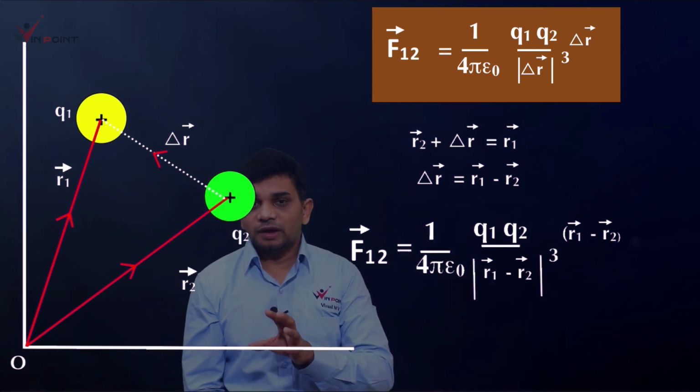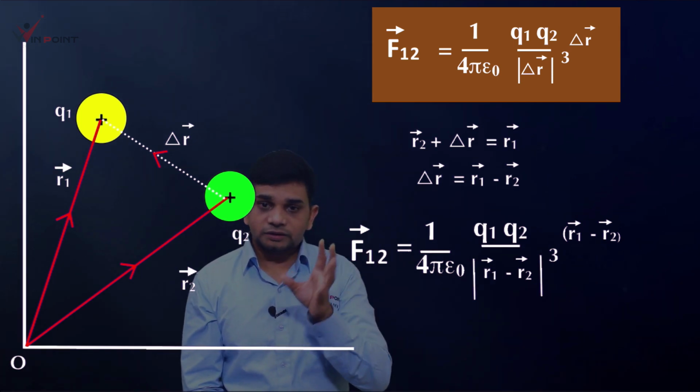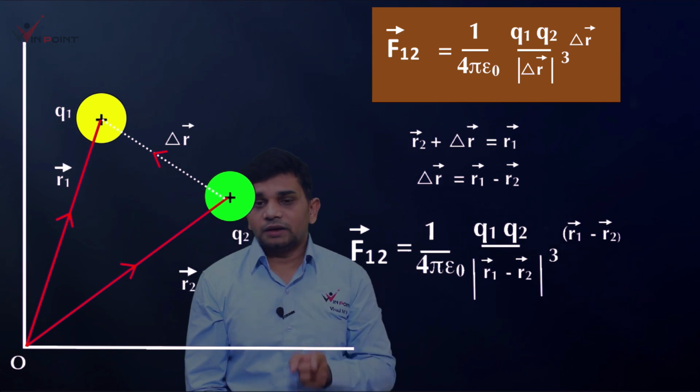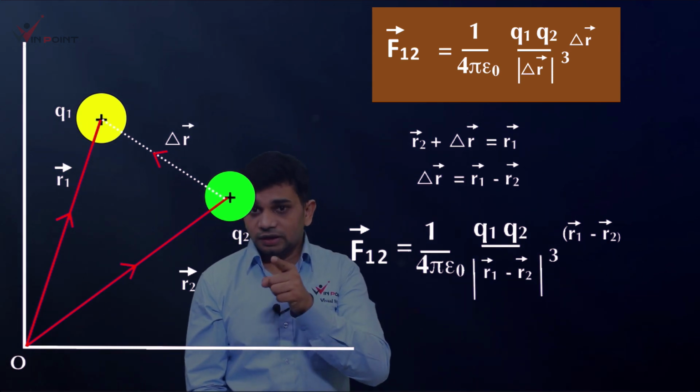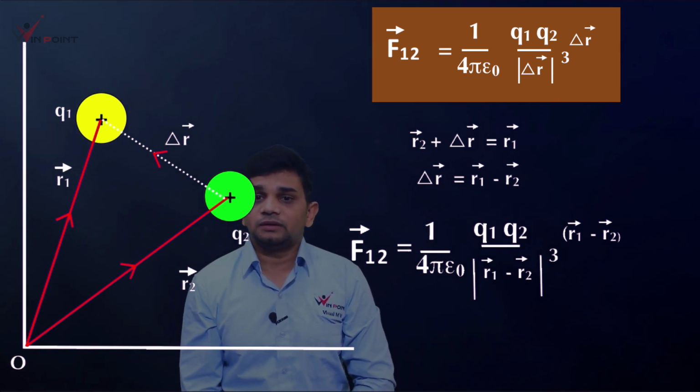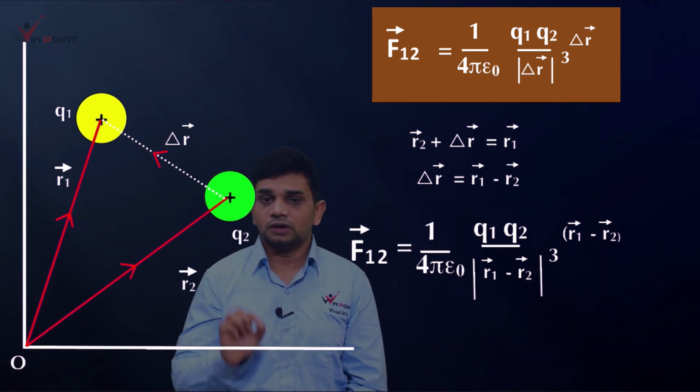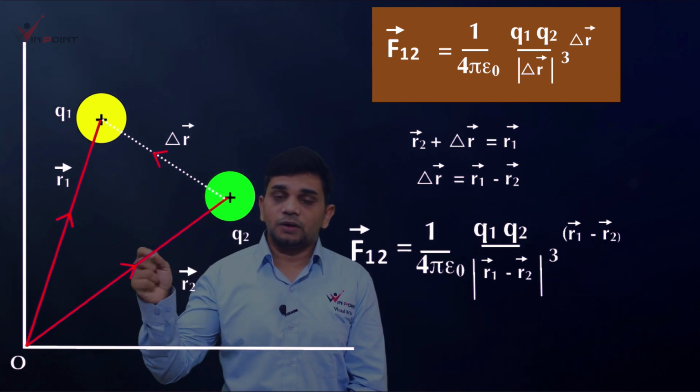It is the same as the previous equation. Instead of R cube, we are using the magnitude of vector R1 minus R2 whole cube, and instead of the vector R, the vector R1 minus vector R2. This is the equation for force acting on charge 1 because of charge 2.